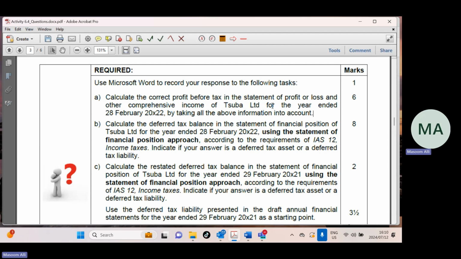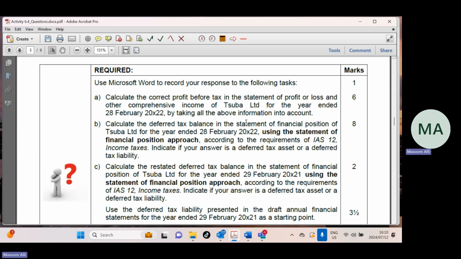What is very important to notice is that for profit before tax, we take all information into account, meaning all information that impacts my income statement must be taken into account, because that is what's going to affect my profit before tax. So when we go through this, I think I'll make that in a new video.